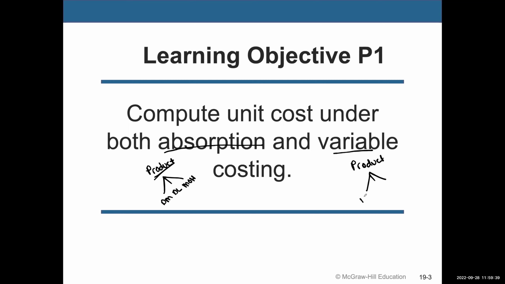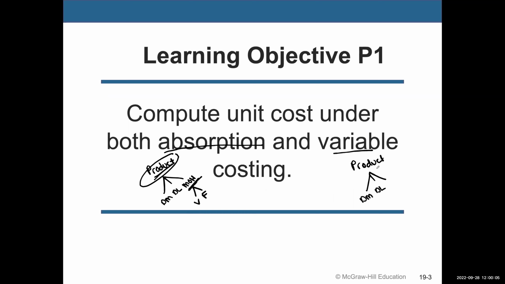At this point, you know that direct materials is a variable cost and direct labor is also a variable cost. But now, instead of just saying all manufacturing overhead, you also know manufacturing overhead is made up of both a fixed and a variable portion. Under absorption costing, the product absorbs all overhead, fixed and variable.